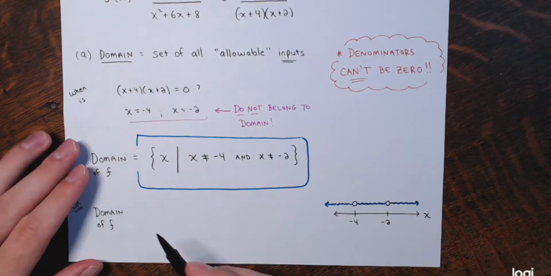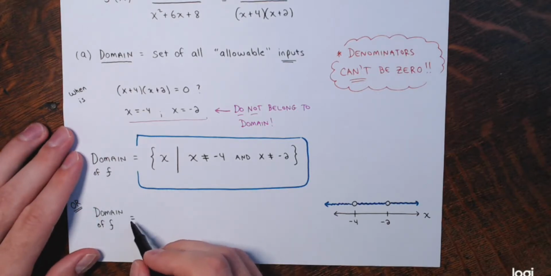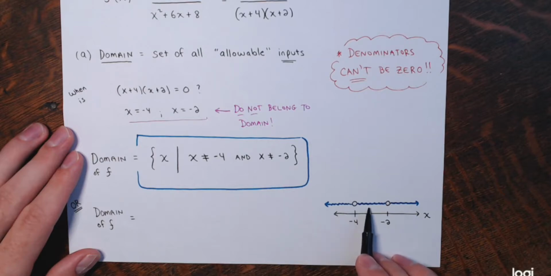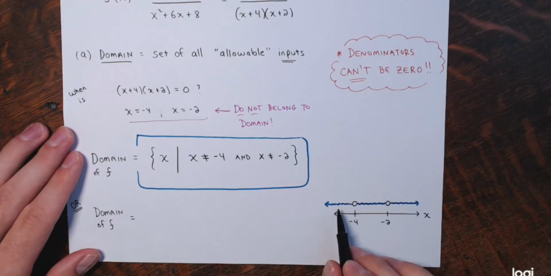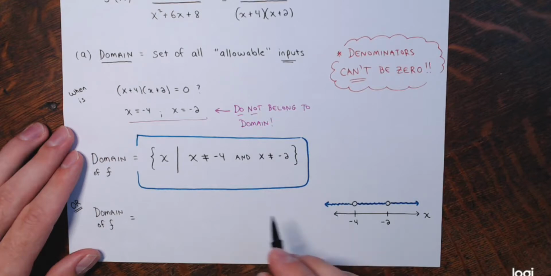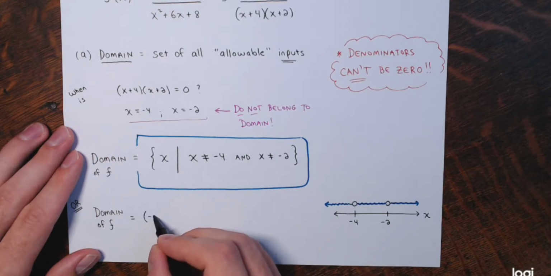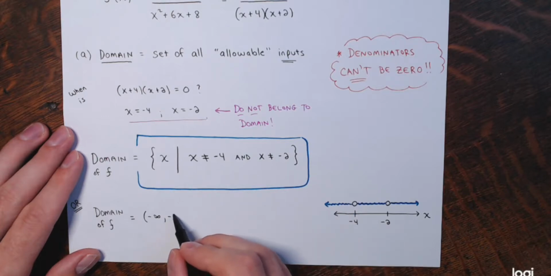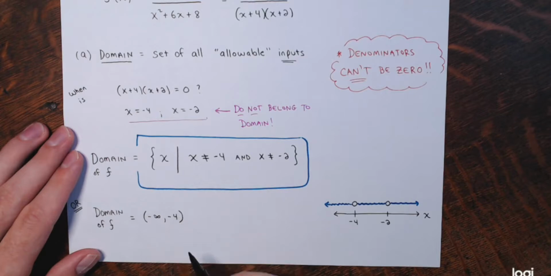So if I'm writing the interval notation for this picture, technically there are 3 pieces, because these holes break up the intervals. The first piece would be from -infinity, to the far left, up to -4, but not including -4, so parentheses on that.